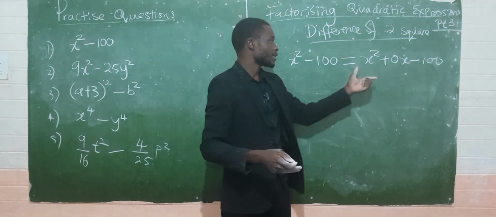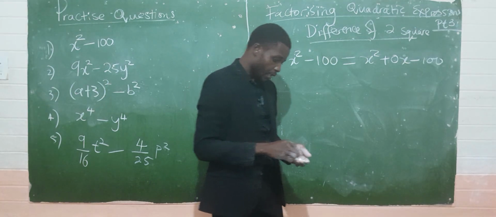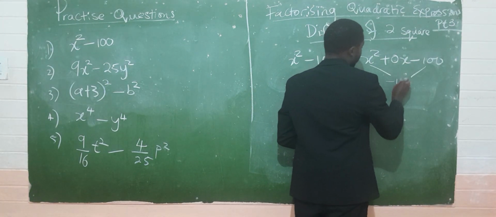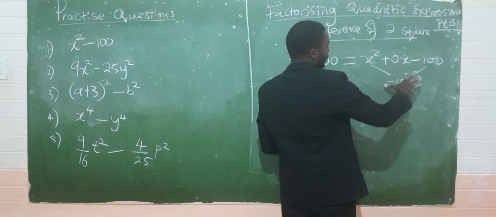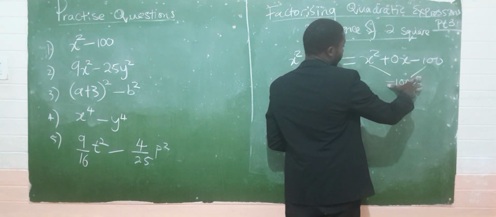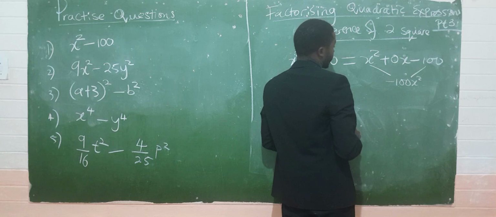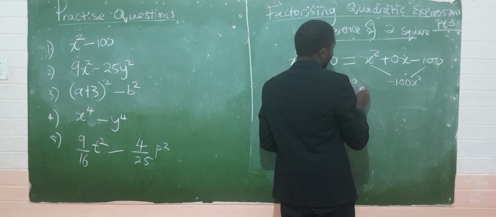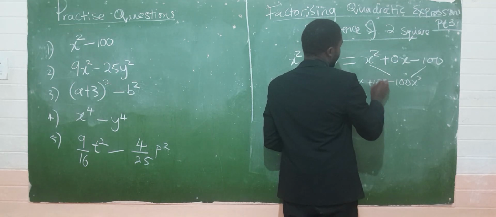If we are factorizing something that looks like this, of course you can still use the technique that I've shown you where we multiply these two, then we get negative 100x squared, and we look for the unique pair of factors of negative 100x squared that add to 0x, and I can't think of any except negative 10x and positive 10x.